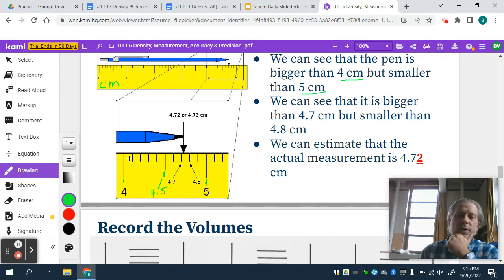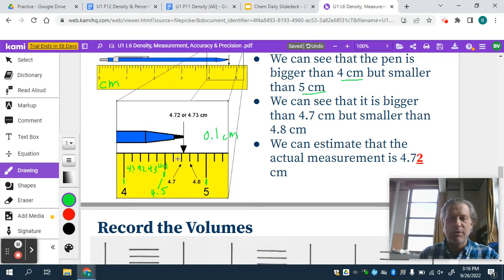And if that's 4.5, these other marks would be 4.1, 4.2, 4.3, 4.4, and so on. So each of these little hash lines is worth 0.1 of a centimeter.